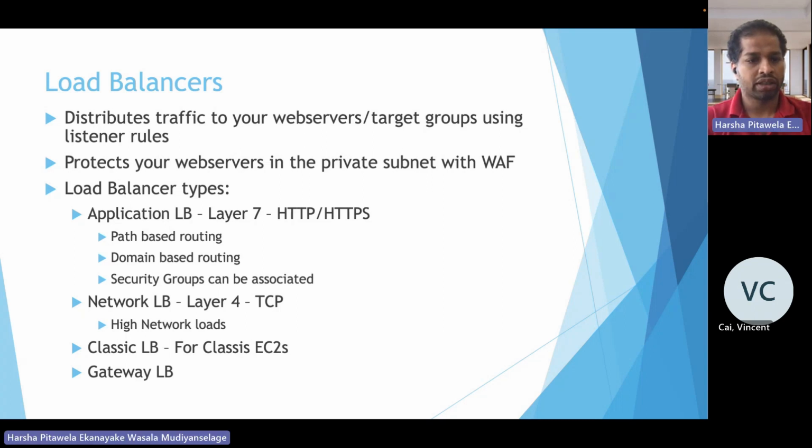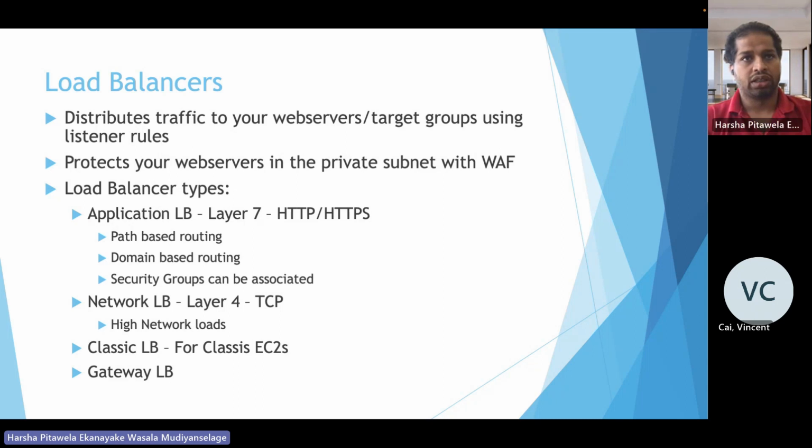So AWS currently has 4 types of load balancers. We usually use the application load balancer. The application load balancer operates in layer 7 of the OSI network model, if you are familiar with it. There are 7 layers in a network infrastructure that we talk about in that model, and the application load balancer operates in layer 7.